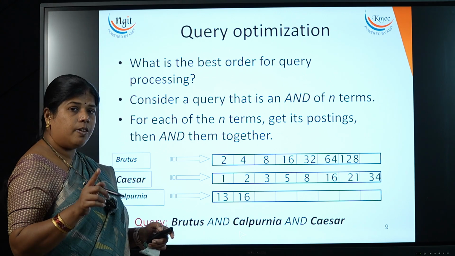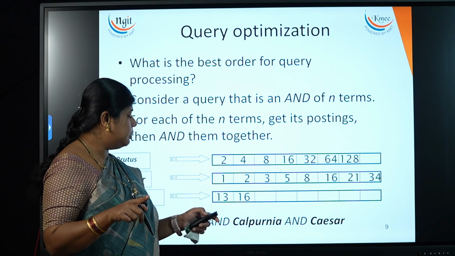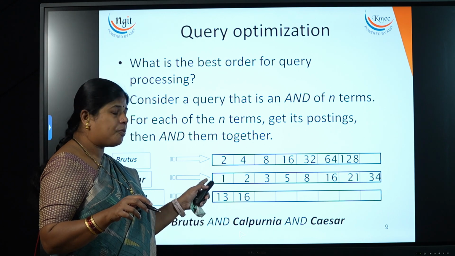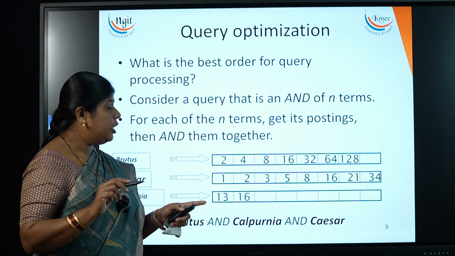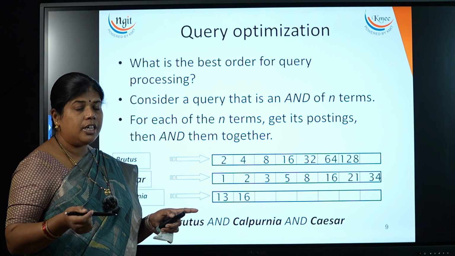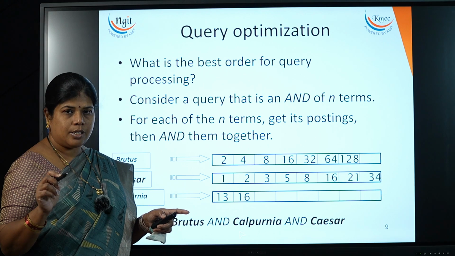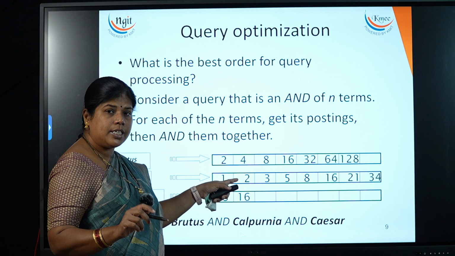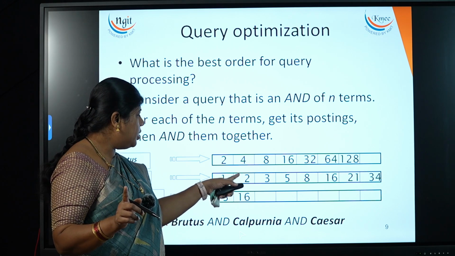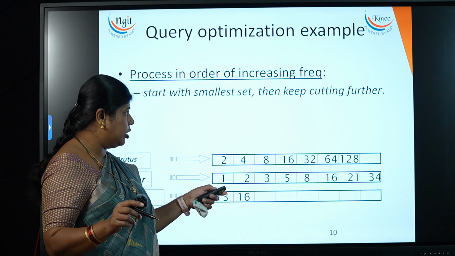Now, one more question that I would like to add here: in a posting, do we store only document IDs? No. In a posting, along with the document ID, we are also storing the frequency. Now, you tell me, though the document IDs are matching, the frequencies will not be the same.